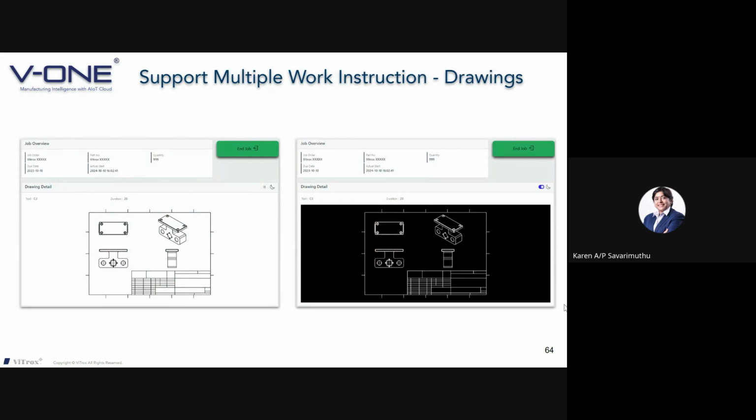All right. And it also supports multiple work instructions, drawings. So let's say you need to have integrations of two types of drawings or multiple actionable insights of two components. Yes, you can also do that. I'm just showing you two types of multiple work instructions, but of course you can do more than that.